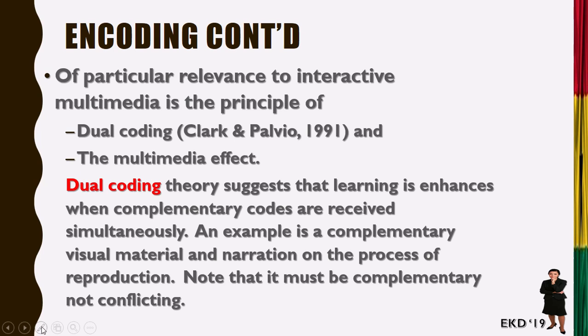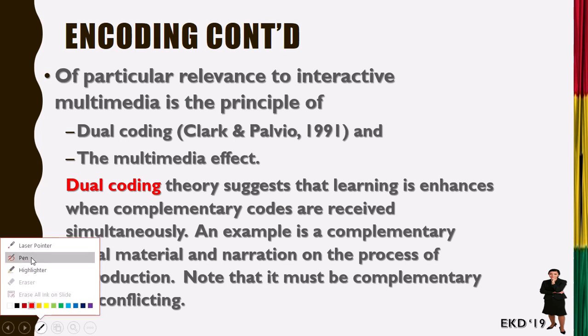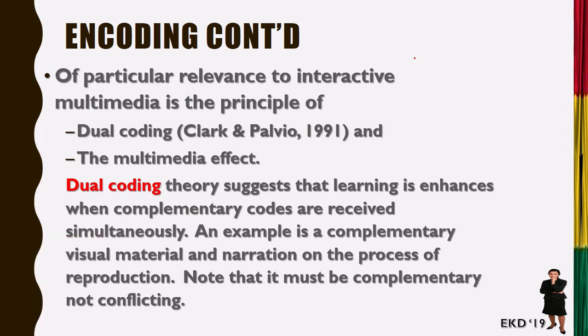So in this case, let me say this. Okay, I'm going to teach you how to write B. B, you write a straight line. Then you write 3. So this is how we write B. Now, I was using visual and narration.